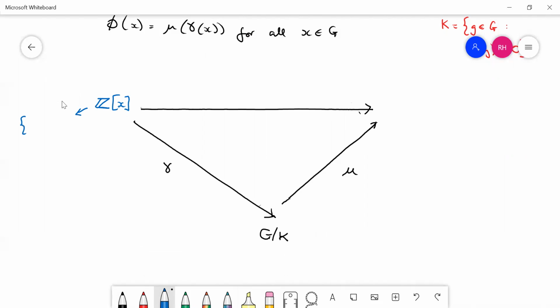It's the set of polynomials with integer coefficients a0 plus a1 x plus dot dot dot plus am x to the m, where all the a's are integers and m is greater than or equal to 0. So these are just the polynomials. As our little polynomial today, let's use x squared plus 7.